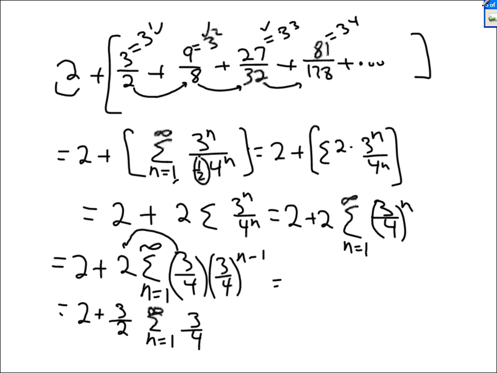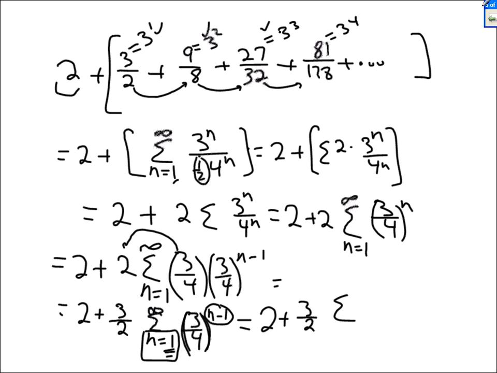Why am I doing this? Because my rule says that as long as what's in the bracket is less than 1, this power must start at 0. When n is 1, the power starts at 0. This is the same as 2 plus 3 over 2. Now, over here, believe it or not, I'm going to take away 1 from both sides.